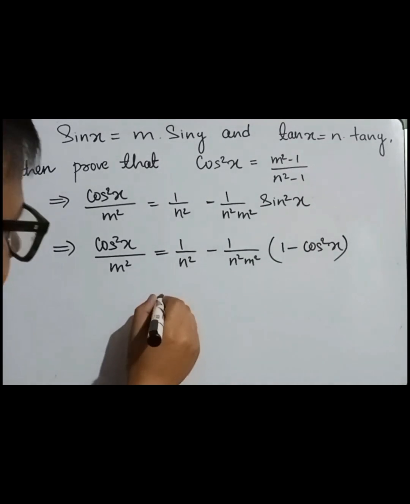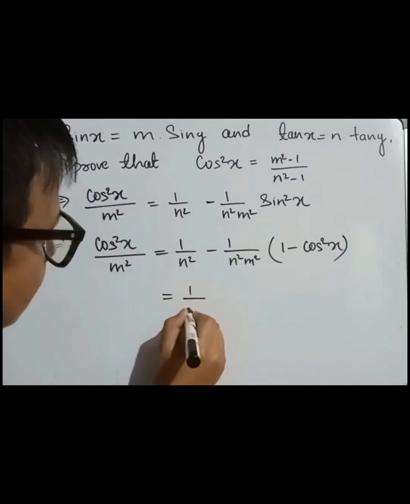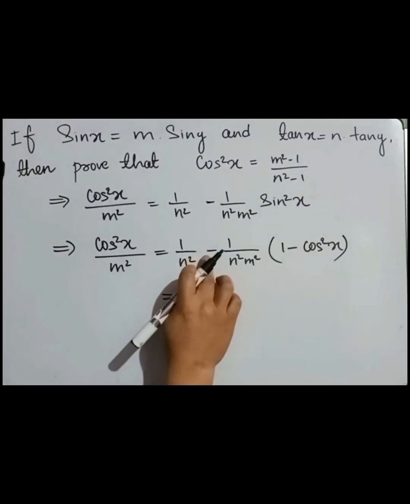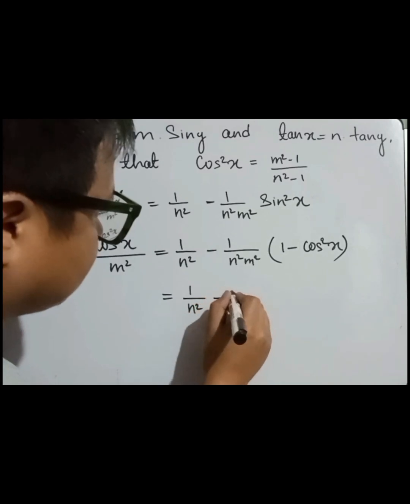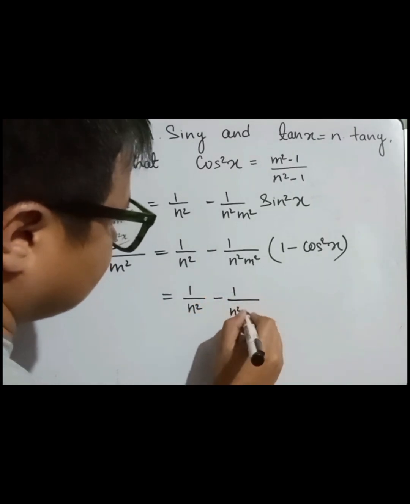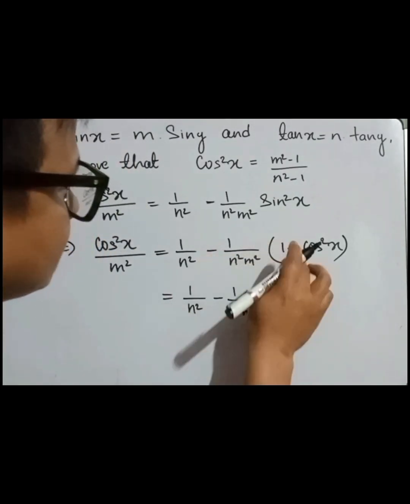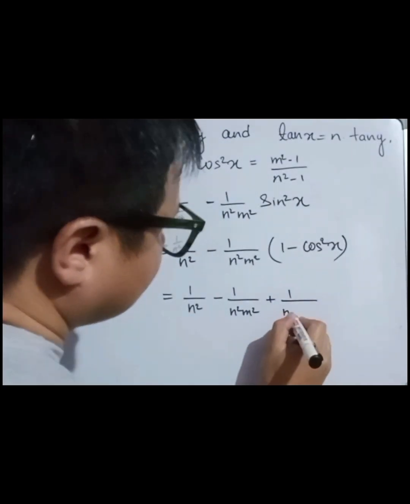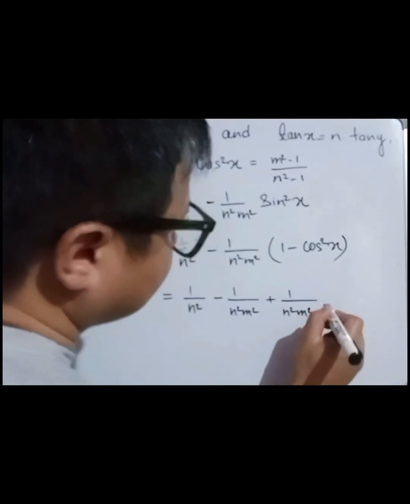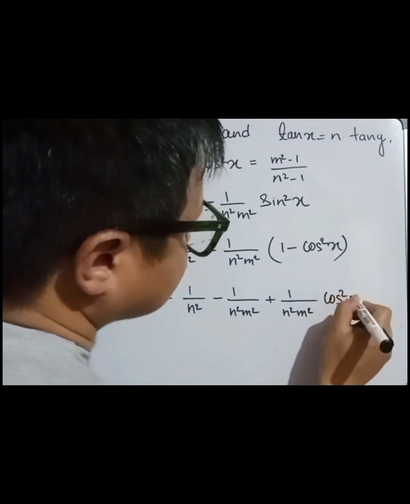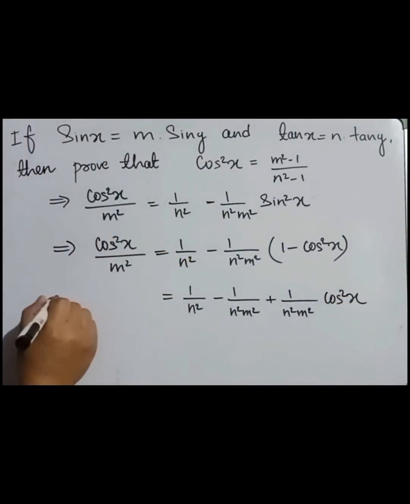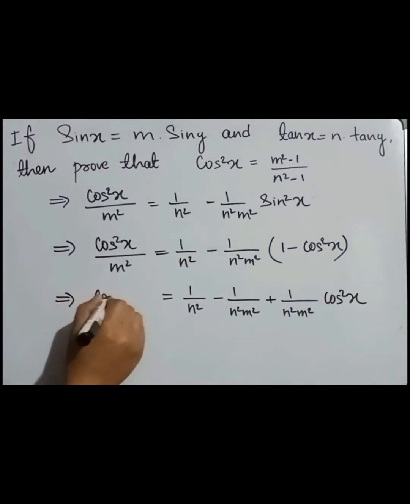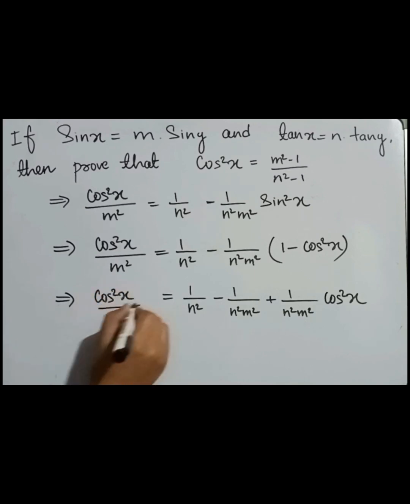Now we can see in both sides there is cos square x. So in the next line it becomes 1 upon n square minus 1 upon n square m square plus cos square x into 1 upon n square m square. And the left hand side doesn't change. It is cos square x upon m square.